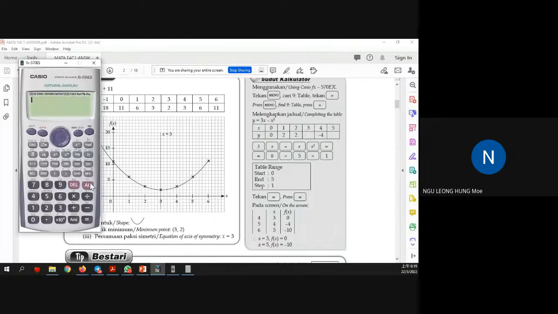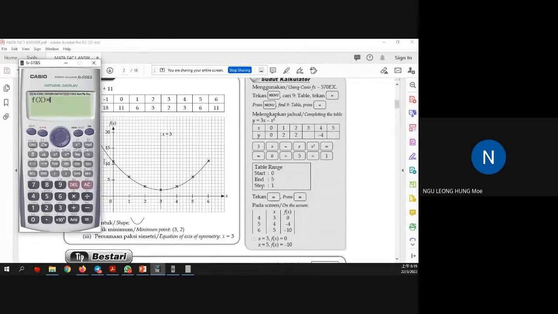Any of you using this one? If so, please reply me K. Okay, if you are using this one, you press mode, then you see the table on number 7.